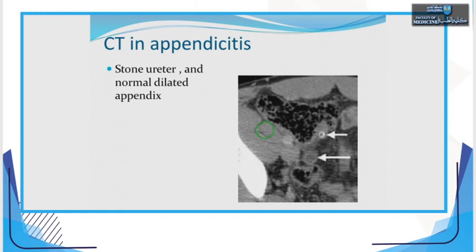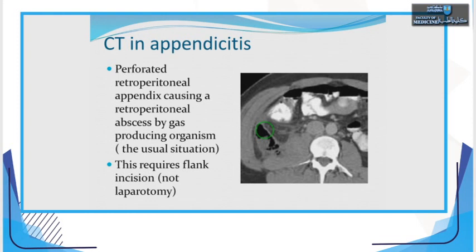So it can be diagnosed by CT. CT in acute appendicitis also shows perforated retroperitoneal appendix causing retroperitoneal abscess by gas-producing organism, the usual situation. This requires flank incision, not laparotomy, to drain the abscess.